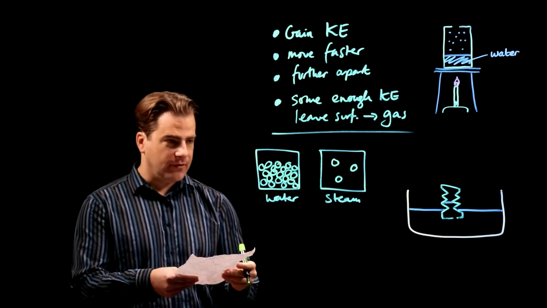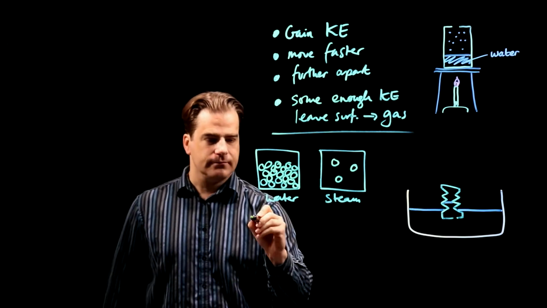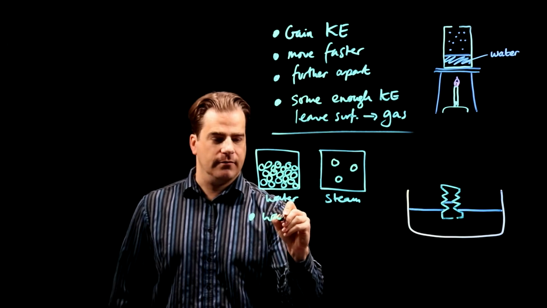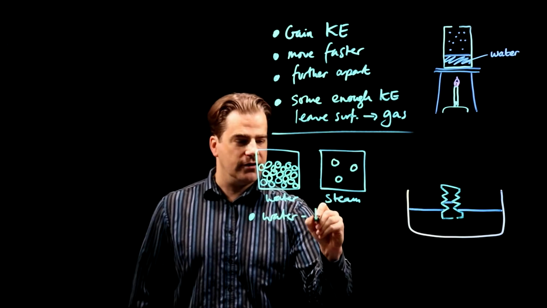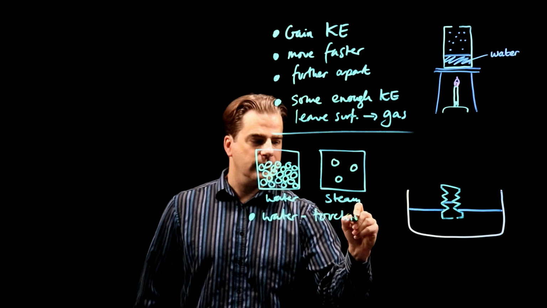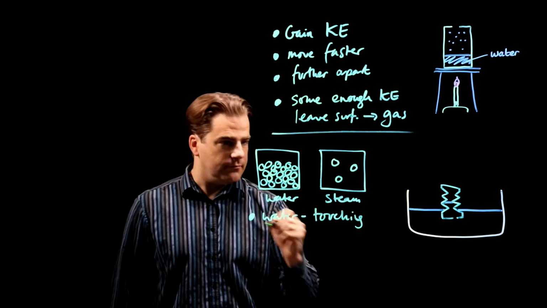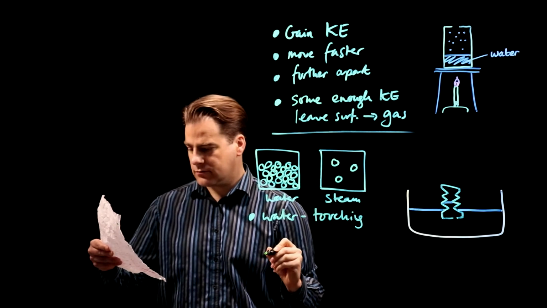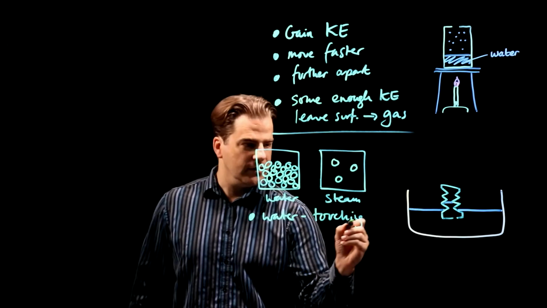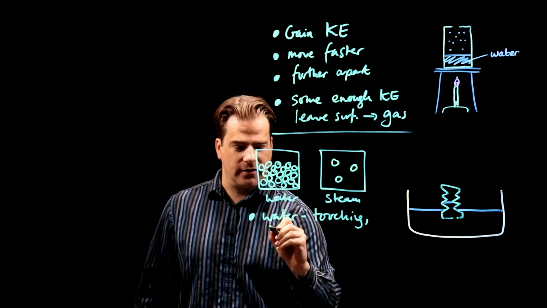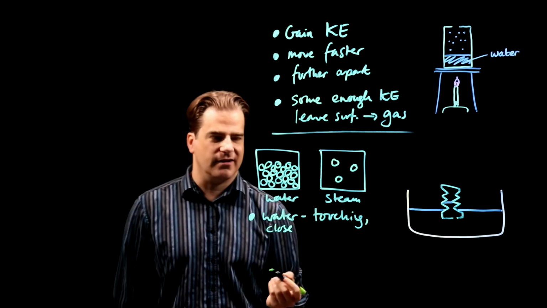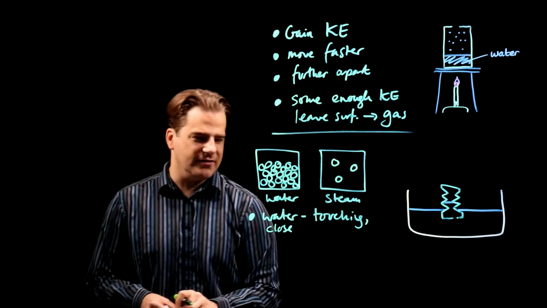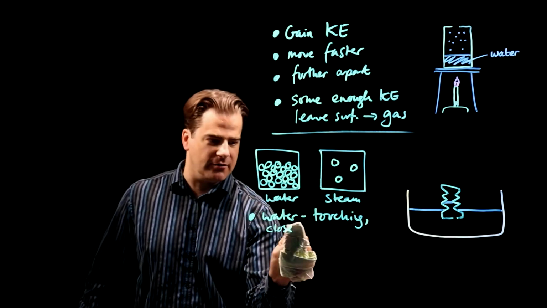Right, now to describe them. So, the water particles are touching and close together. So touching, close together, well, I guess, yeah, don't write close together. If they're touching, they've got to be close, right?